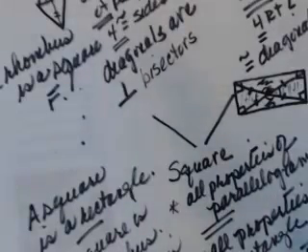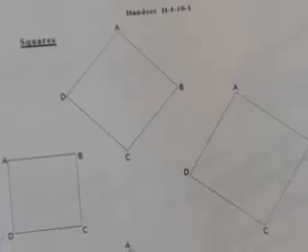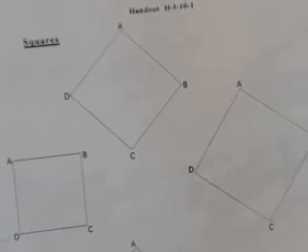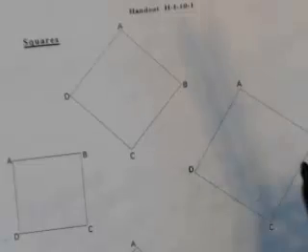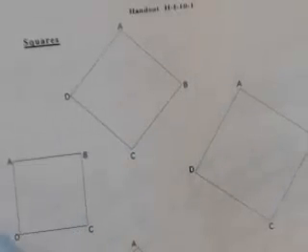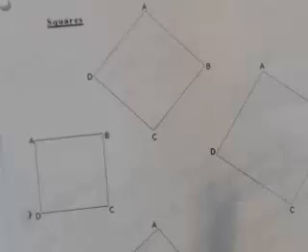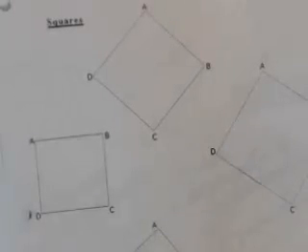So in looking at what is and what isn't, notice that these are all squares. Squares do not always have to be turned like this. These are squares as well.